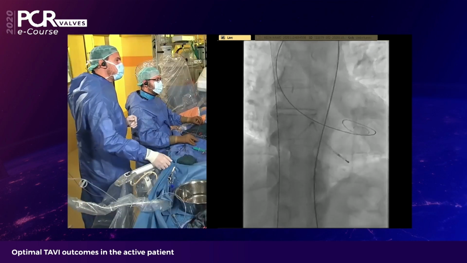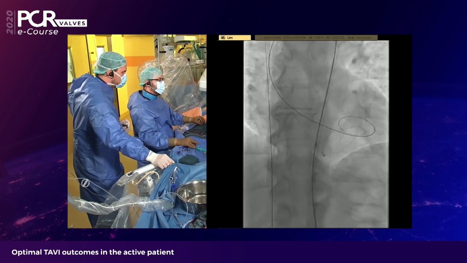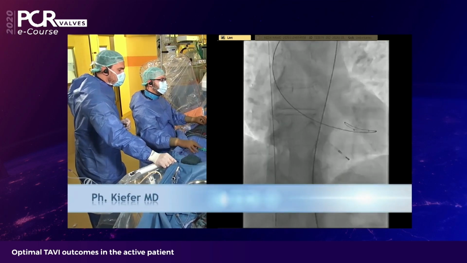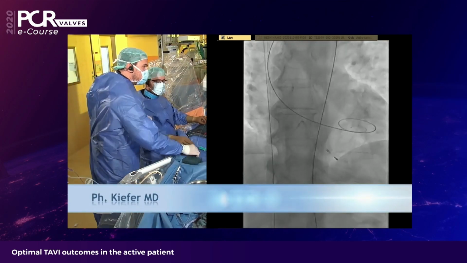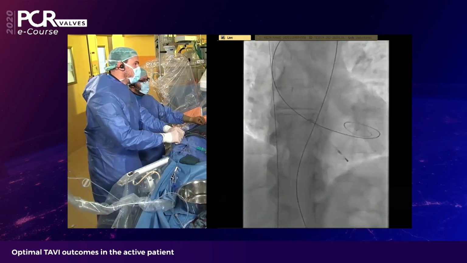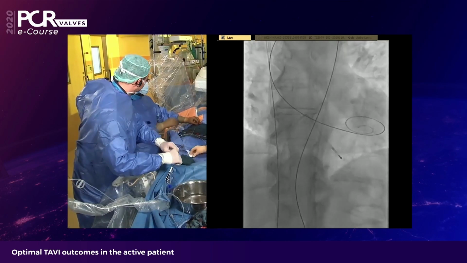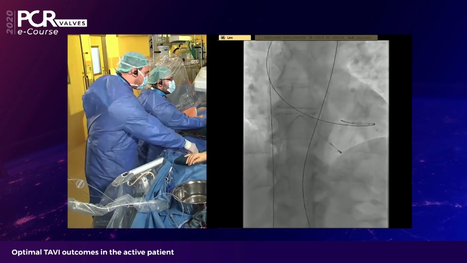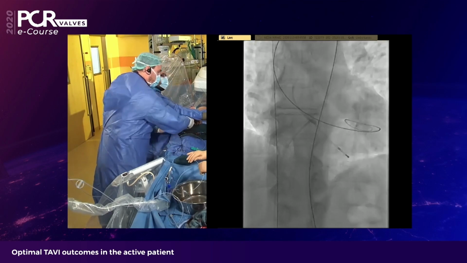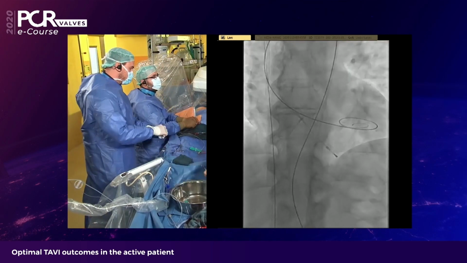And maybe I can add a little comment to what you've said so far. I think the alignment is also very interesting in these small anatomies, just to make sure that you don't get that much stress on the leaflets, especially in this elliptical anatomy. And this is also a very positive side effect in this procedure here.